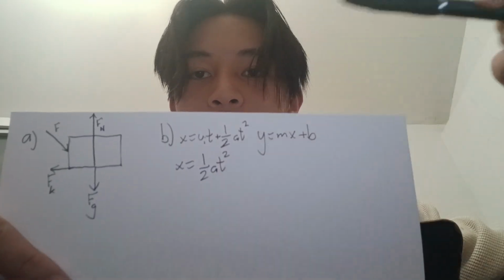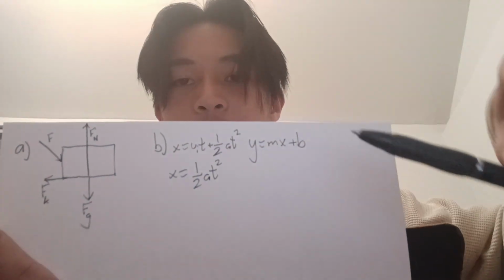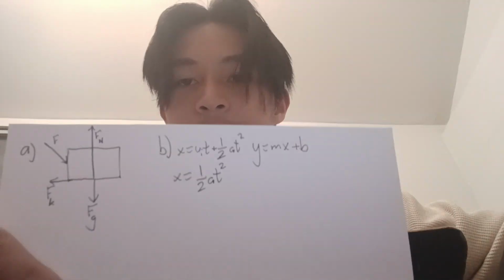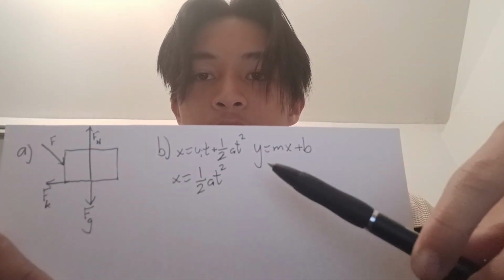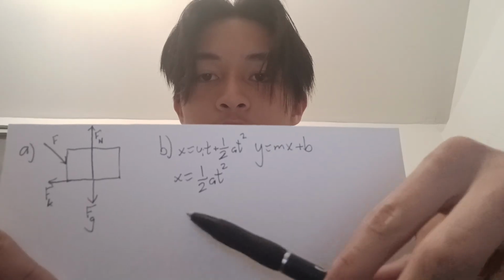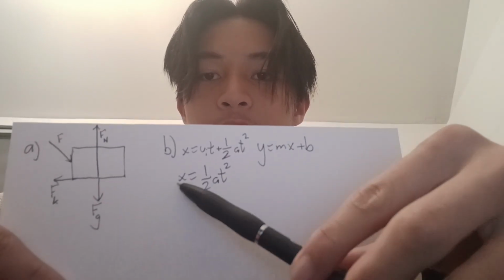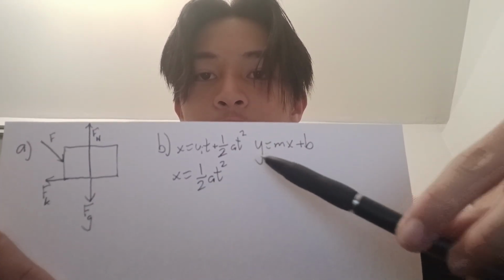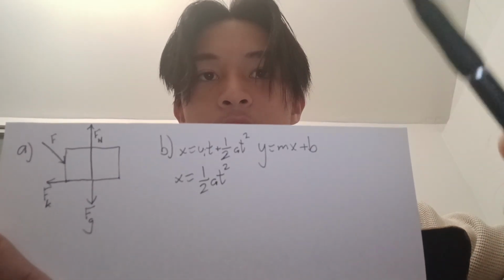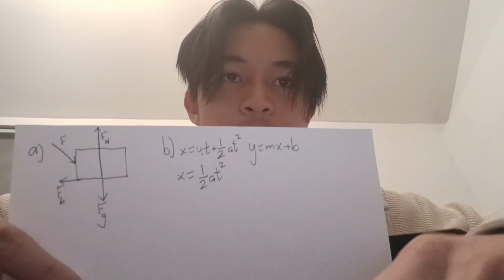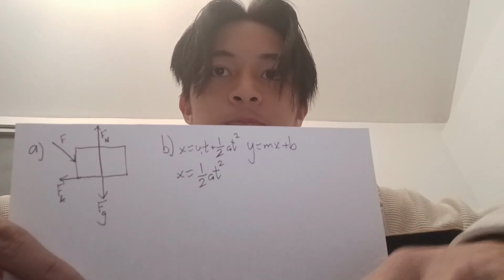Because on a graph, the x-axis is always t. So we're going to replace x with t squared here, and m with 1/2 a. And of course, x would be the equivalent of y in this situation. We don't have to worry about the plus b part because initial velocity is 0, and we can fairly assume it starts at 0 position-wise too.